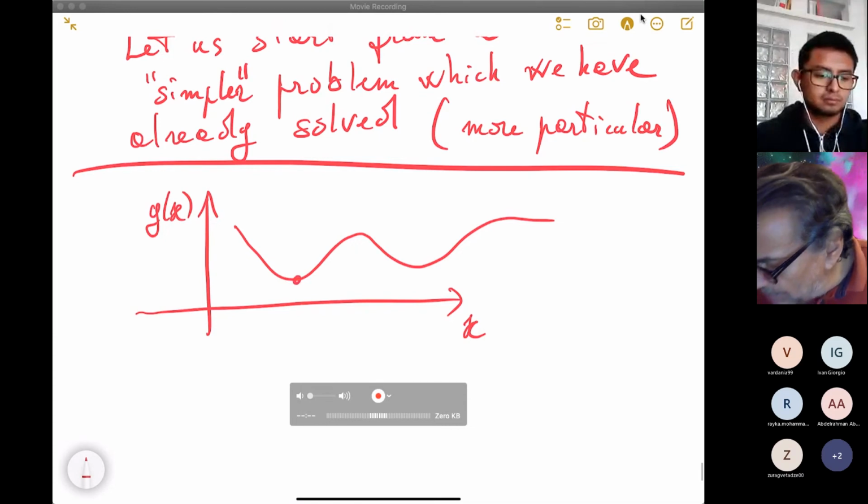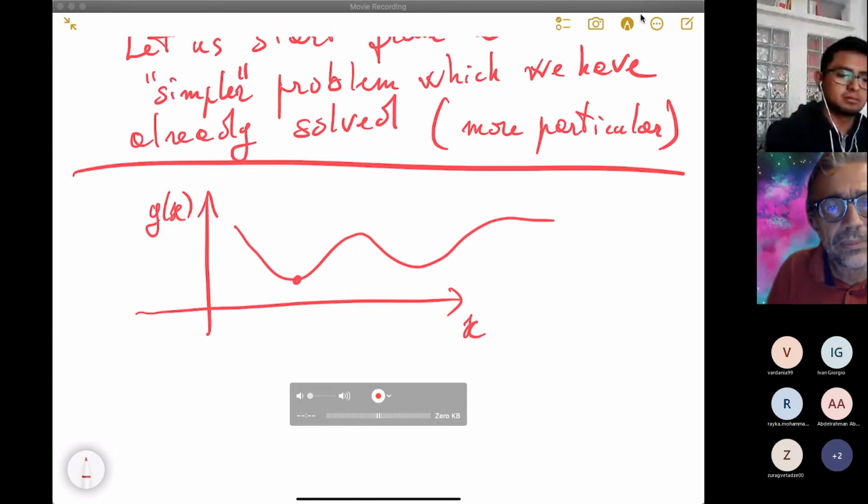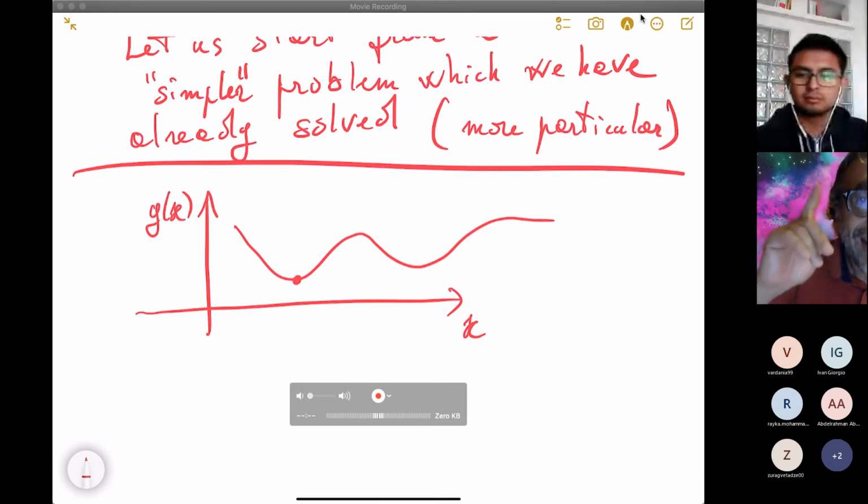How do you discover a minimum if the function is regular enough?